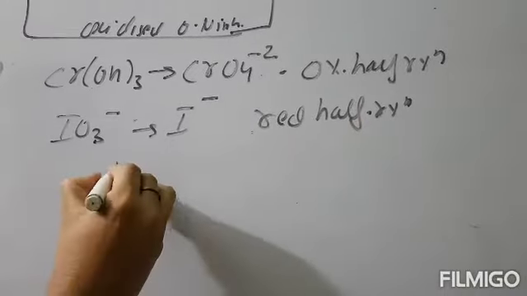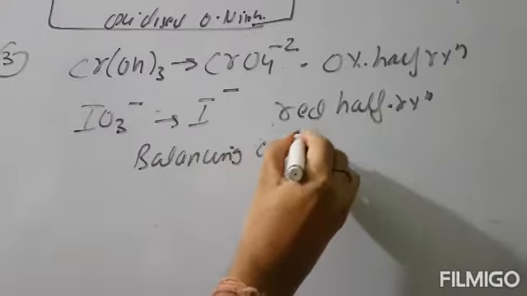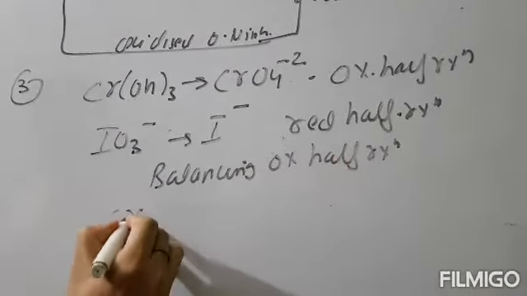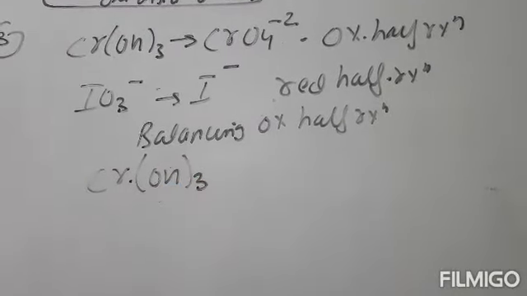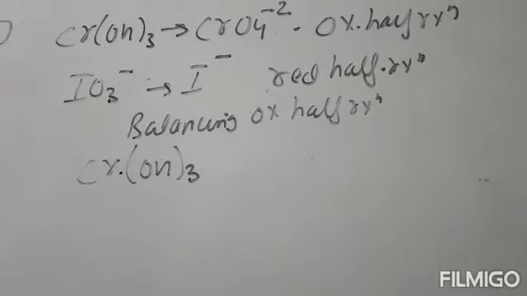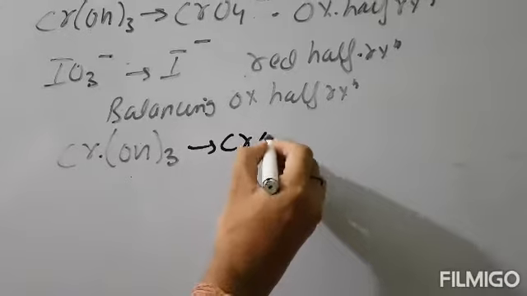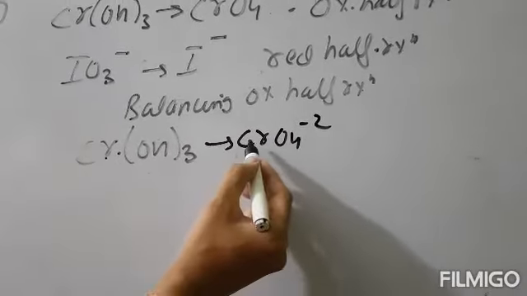Now we go to the next step, that is balancing the oxidation half reaction. Now we'll take here Cr(OH)3 is giving you CrO4 2-. Now chromium atoms are balanced, one chromium.